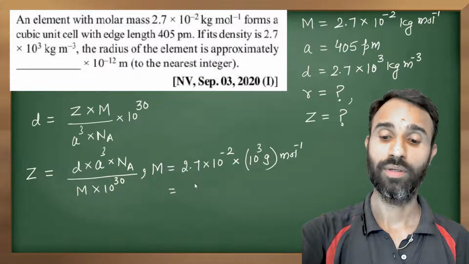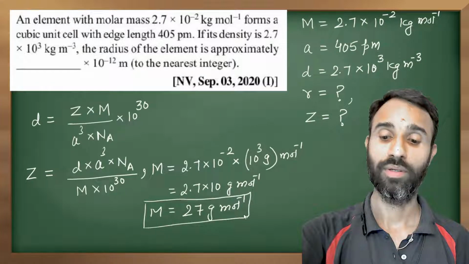So it comes out to be 2.7 into 10 gram per mole, that means 27 gram per mole. So capital M you should write as 27 gram per mole.